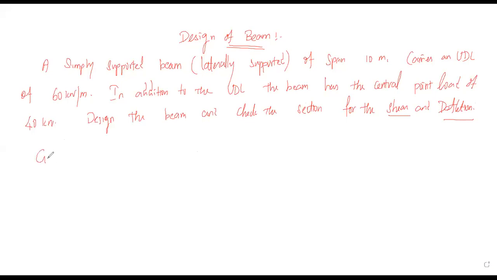So the given data: the beam is laterally supported and simply supported, and has a span of 10 meter. So L is equal to 10 meter, and it has the UDL of 60 kilonewton per meter and the central point load of 40 kilonewton, at 5 meter and 5 meter.